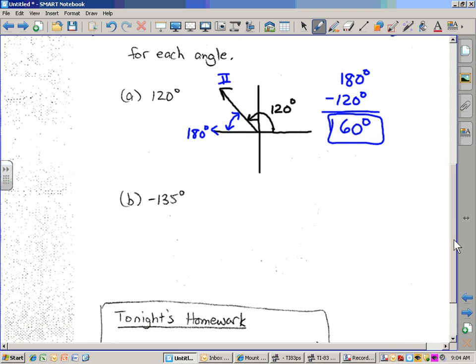Let's take a look at part B here. Negative 135 degrees. Okay, this is negative this time. So negative 135 is going to be in quadrant 3. The distance from the terminal ray to the closest x-axis is the reference angle.